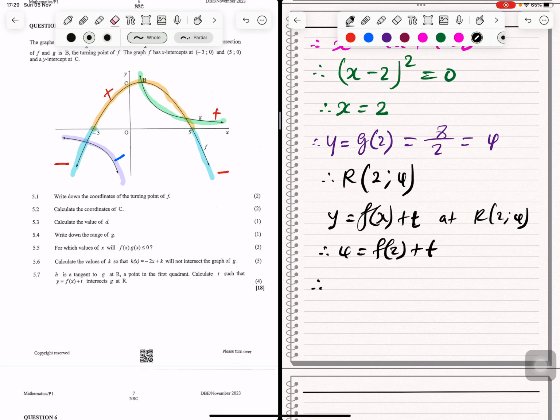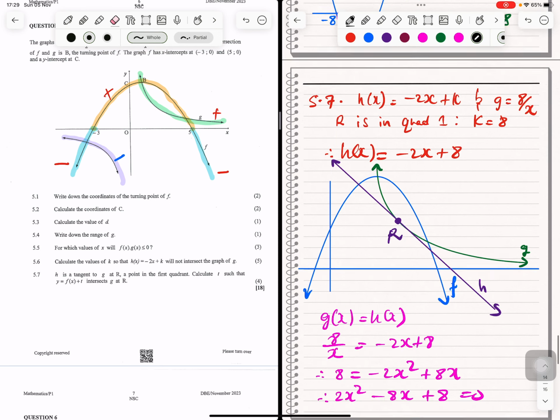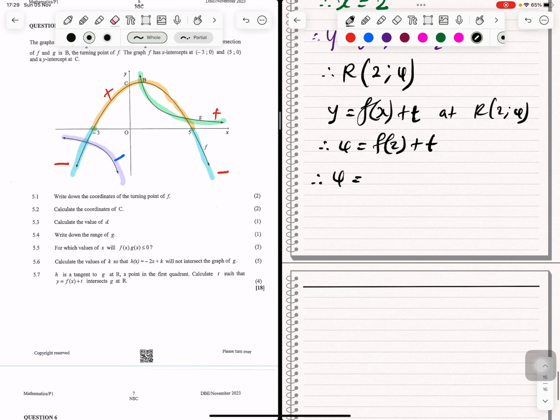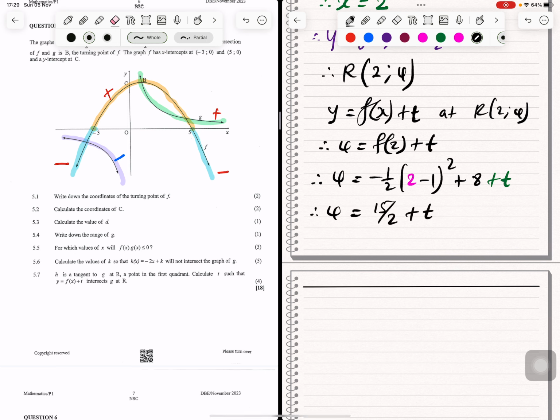As a result, you are going to get 4 equaling f, which is negative half (x minus 1) squared plus 8. So I'm going to have negative 1 over 2 into x, x is 2, think about it, minus 1, and then you square this, plus 8, plus what we are looking for, which is t here. You get a 4 there. Use a calculator, it's going to be 1 times negative half plus 8, and that is going to give you 15 over 2 plus t.